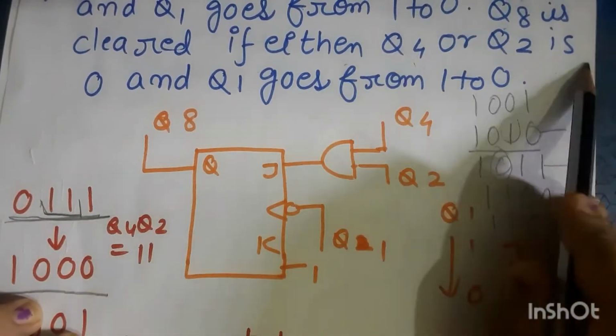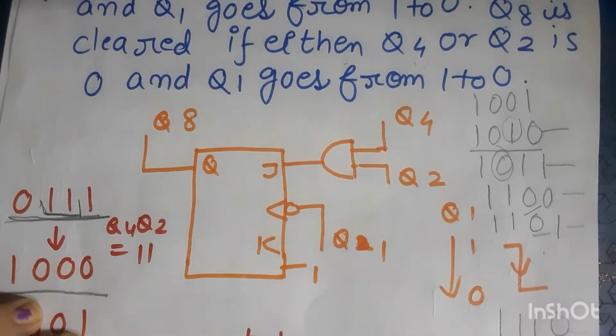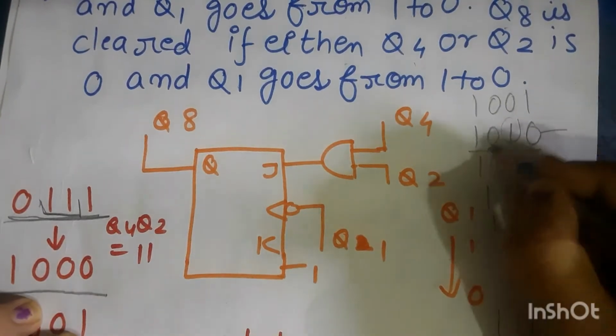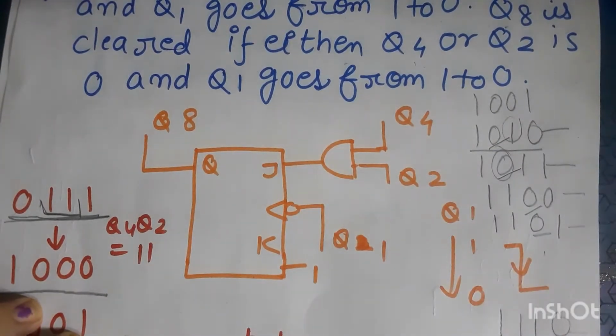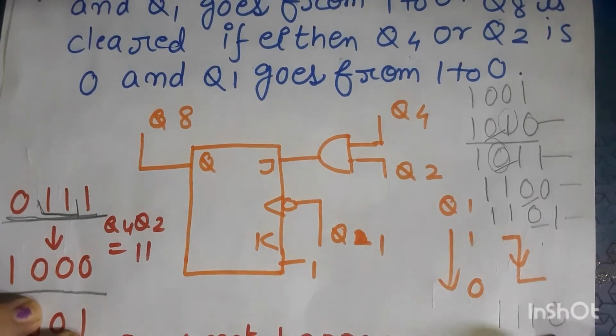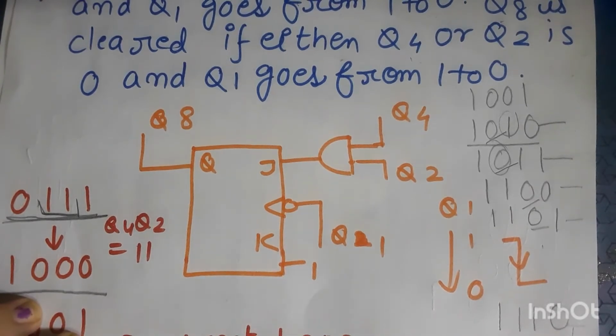Here in this state Q2 is 0, and in this state Q4 is 0, and a 0 to 1 transition happens here. So this will not happen. We want the 1 to 0 transition.